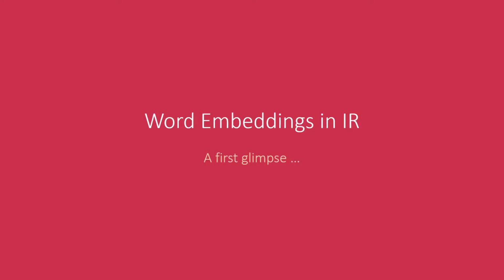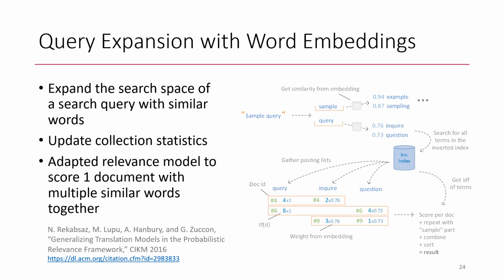Now, let's take a first glimpse at how you could use word embeddings in the information retrieval context. And this is with query expansion. So we use word embeddings for query expansion, and we use those word embeddings to expand the search space of a search query with similar words that we get from the word embedding.